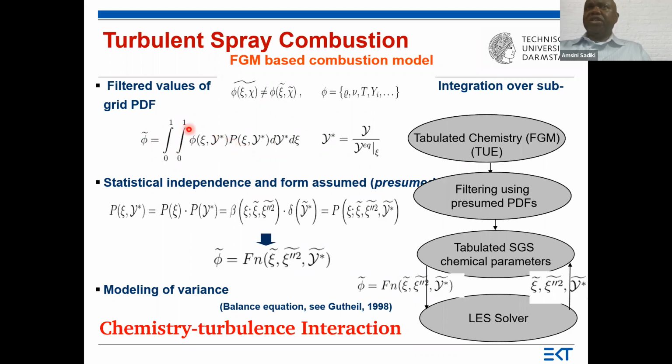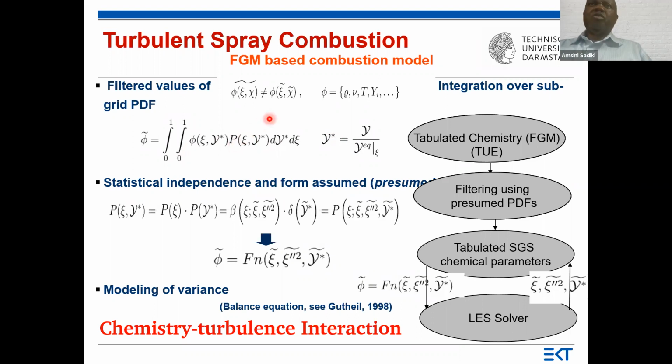And we have this quantity multiplied with the PDF, and the PDF naturally depends on the mixture fraction and the progress variable. It is already normalized by the value in equilibrium. This is why we integrate between 0 and 1. And normally it is not easy to get this quantity. We have two ways.